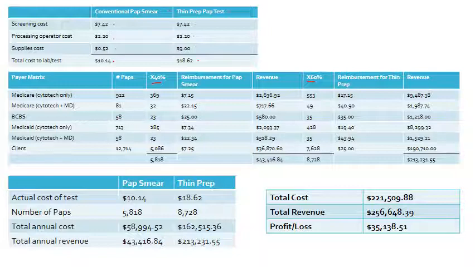So the reimbursement for the ThinPrep, you can see is considerably higher across the board, each of the different insurances that are accepted. You can see that the ThinPrep reimburses considerably more over the Pap smear. Medicare pays about $10 more for the ThinPrep. Medicare, Cytotech, and MD only.